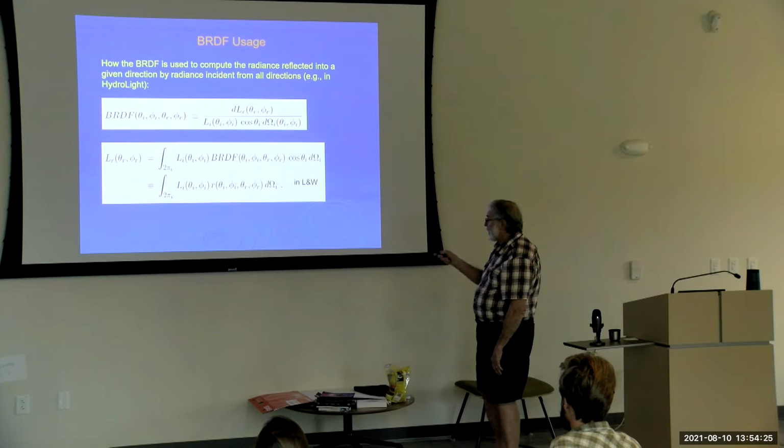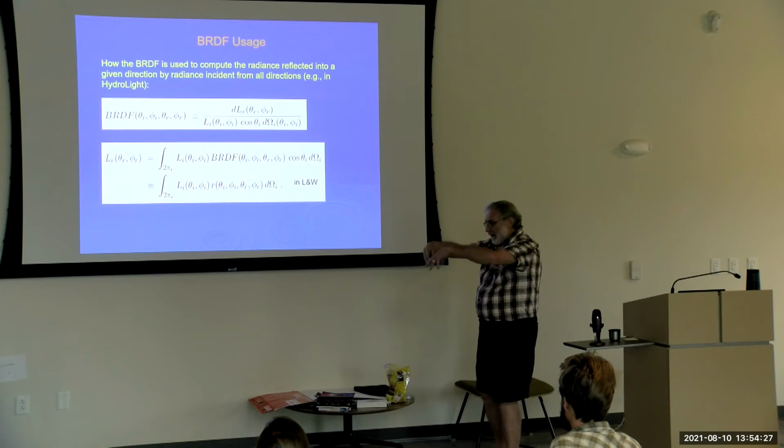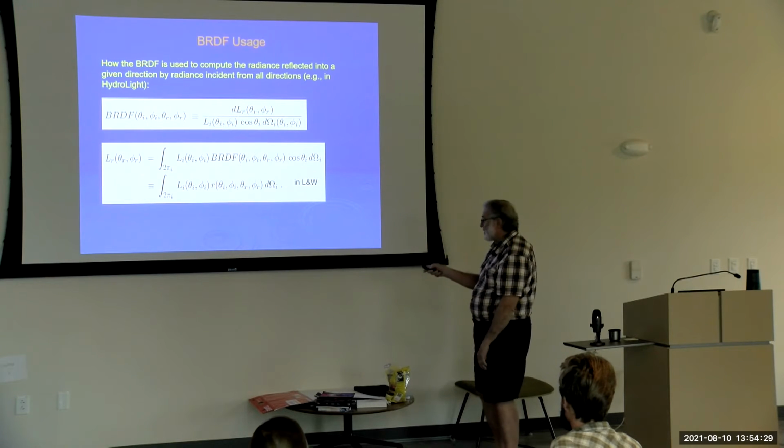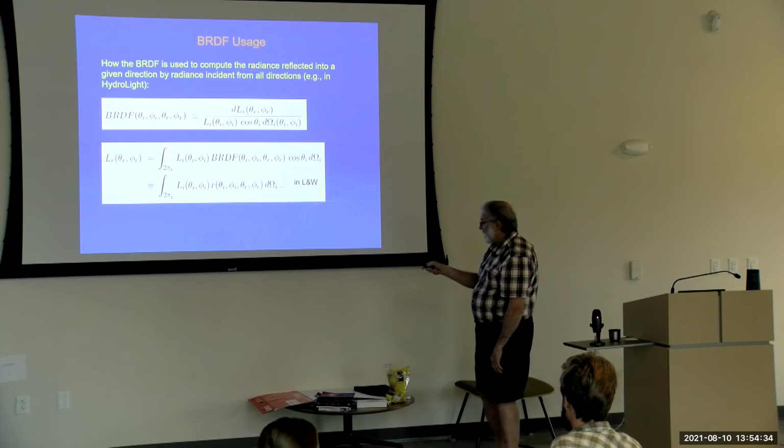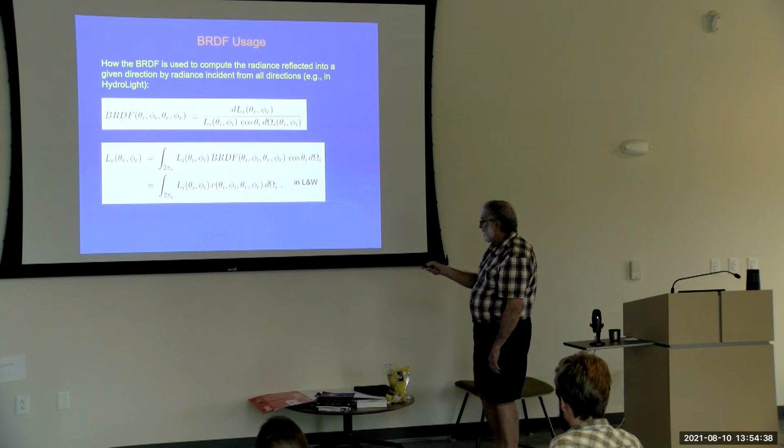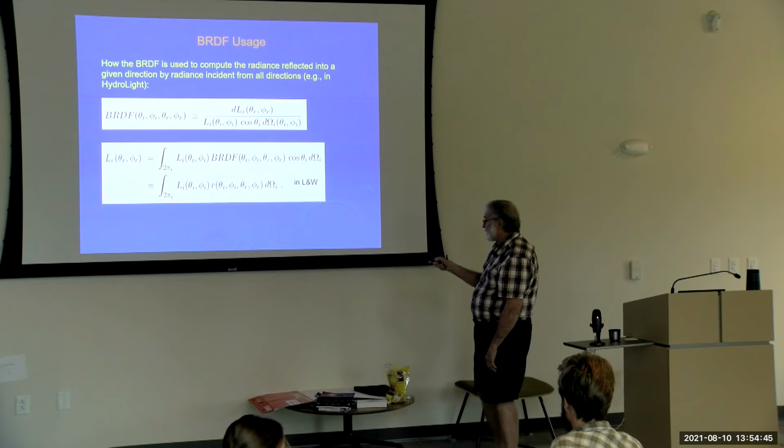I'm looking at one reflected direction, and I've got light going onto the surface from all incident directions. For this incident direction, the BRDF says this is how much is reflected into the direction I'm interested in.